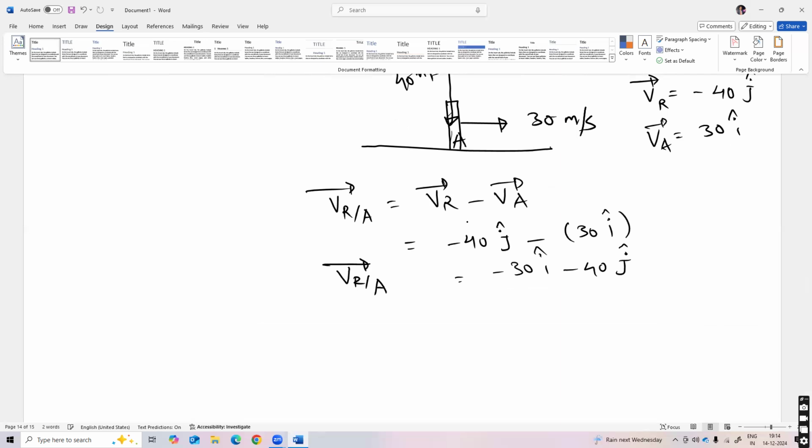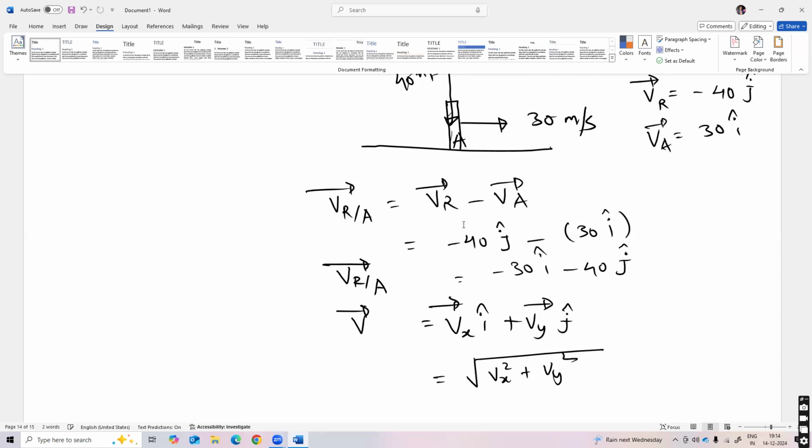Okay. Now, if we have to find out the magnitude, you know that if there is a velocity which is written as Vx i plus Vy j, where Vx is the velocity component in x direction and Vy is the velocity component in y direction, then the magnitude of this velocity can be given as the square root of Vx square plus Vy square, from Pythagoras theorem basically.